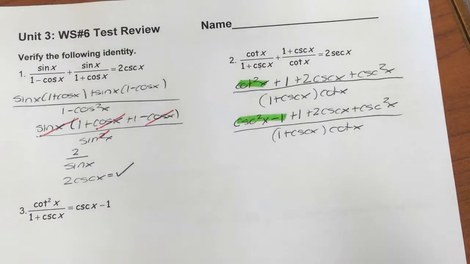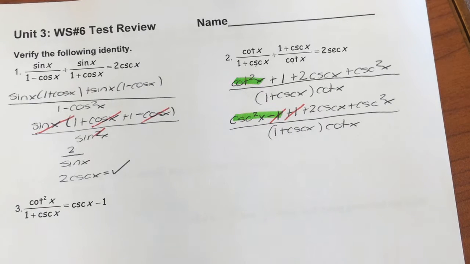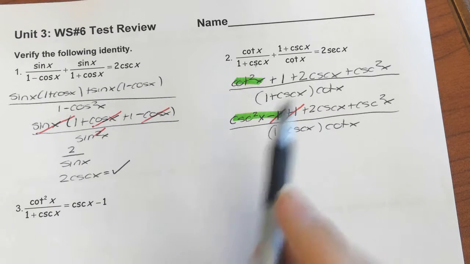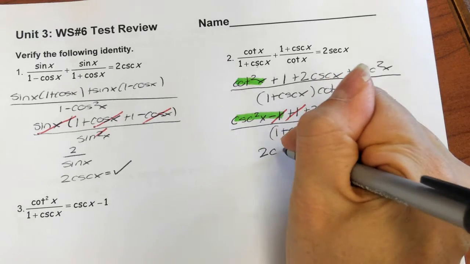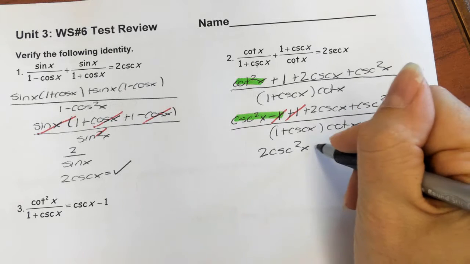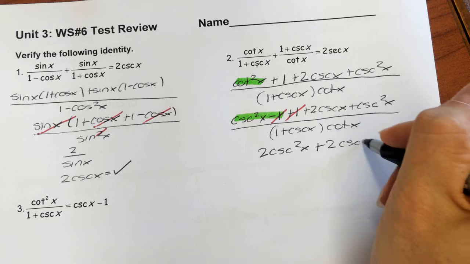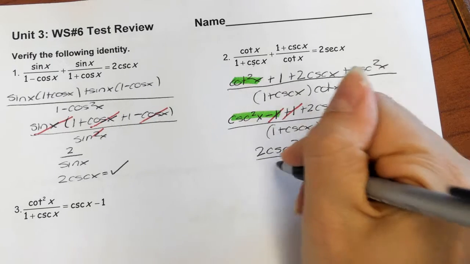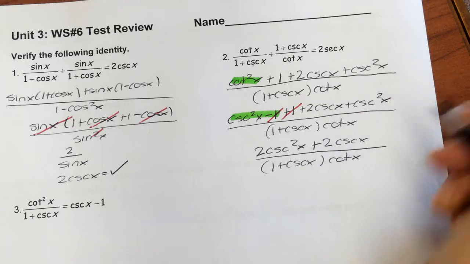So now what I see is I have a negative 1 and a positive 1, so those are gone. And on the top, when I combine like terms, I have 2 cosecant squared x's, and then I still have plus 2 cosecant x on the top. On the bottom, I have 1 plus cosecant x times cotangent x.